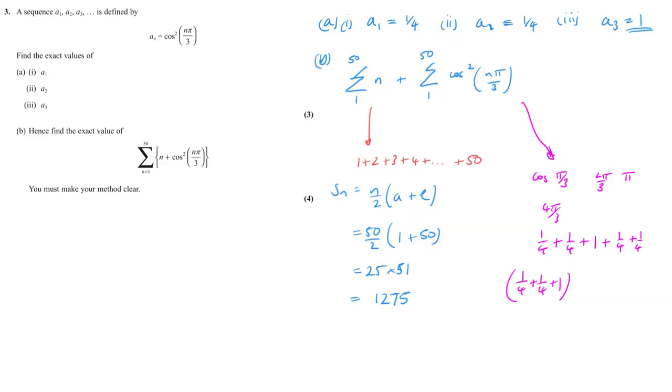So this pattern's going to appear for 48 terms, plus then it's going to be a quarter and a quarter, because that's the 48 terms, then 49, 50. So this is going to equal a quarter plus a quarter is a half, plus 1 is 1.5, times 16.